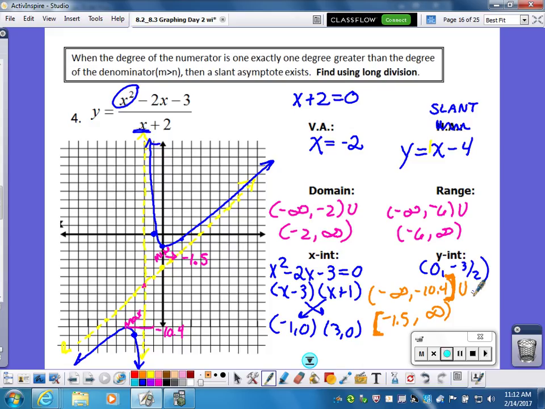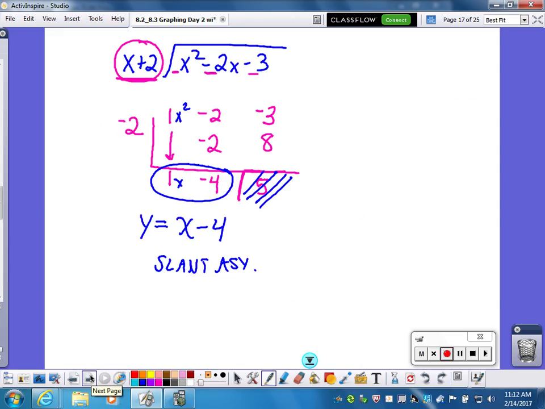So this is definitely one of the more challenging problems because the degree is bigger on top, which means we run across where we have to be able to find that asymptote because it's on a diagonal, a slant. So just once again to review that process of synthetic division, this was our denominator, x plus 2. We had to use the 0 of that, and then we had to run synthetic using our numbers out front.